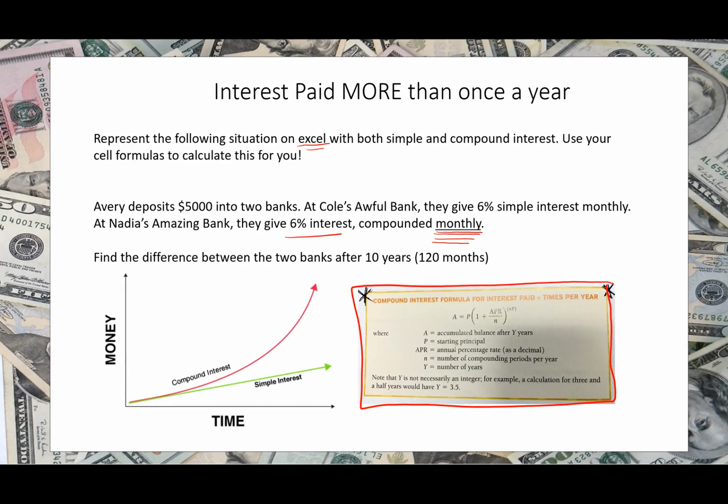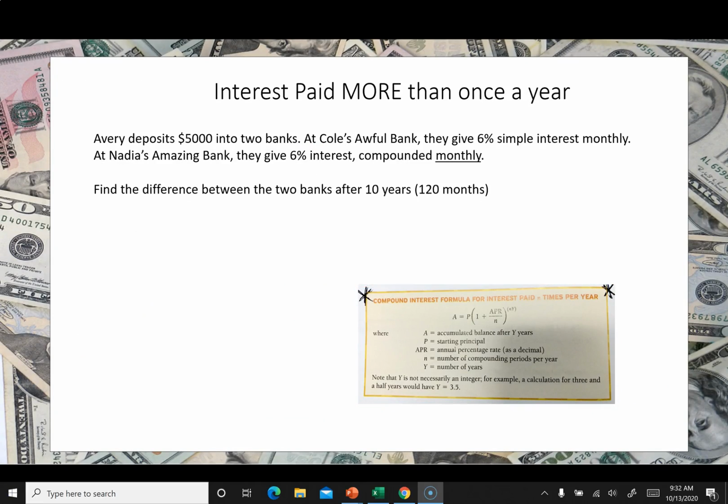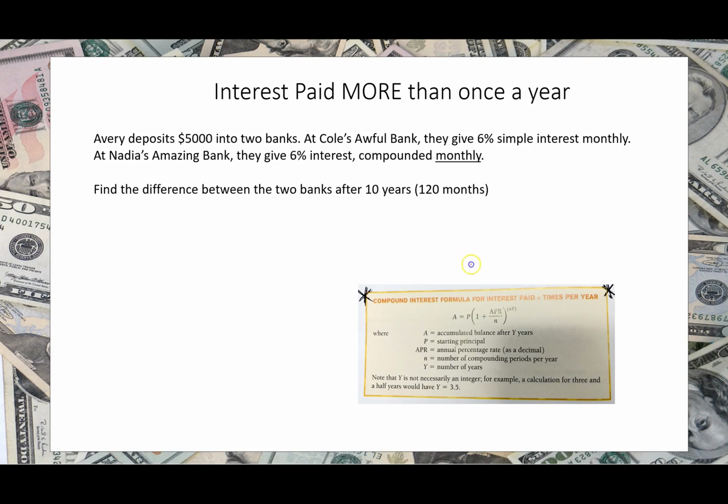All right, you're back. So let's go ahead and let's try this problem. For compound interest that's happening more than once a year, we are going to use this formula. So the P is the principal still, and then we still have that 1 plus the APR, the interest given, but then you're going to divide by the number of times it's compounding.